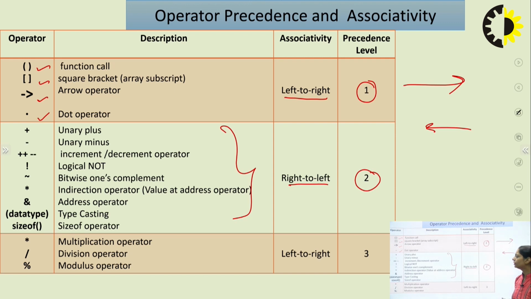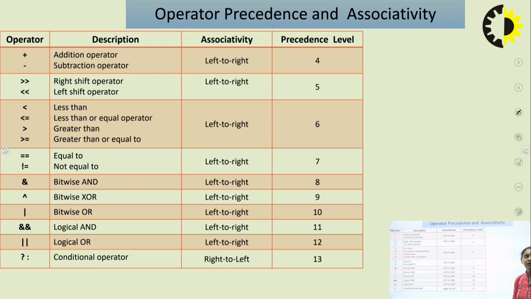Once these unary operators are evaluated, the next we have are the arithmetic operators. Multiplication, division and modulus are all at the same level, evaluated left to right, and are at precedence level 3. Then at level 4, we have the addition and subtraction operators, which are again evaluated from left to right.